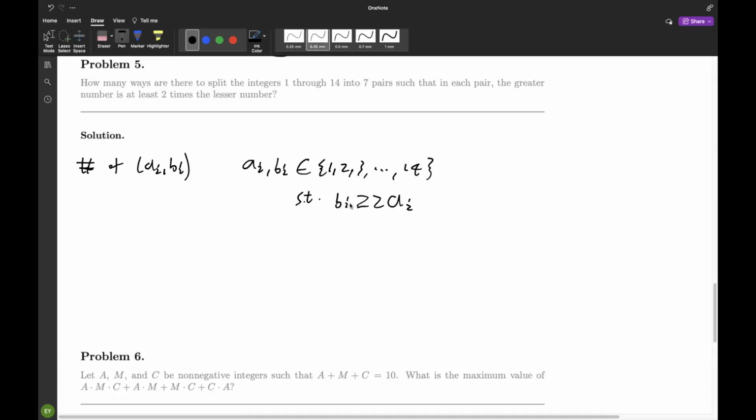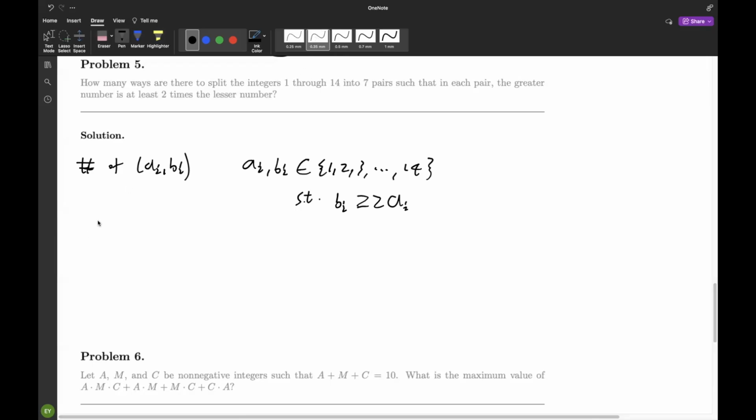Do you guys understand my restatement, or are there any parts you don't understand? Please let me know. Assuming you all understood, let's continue.